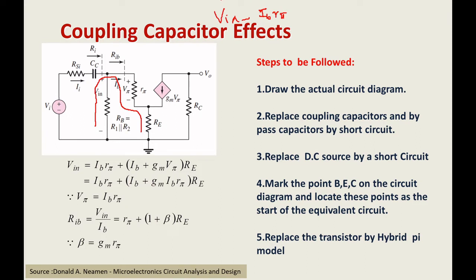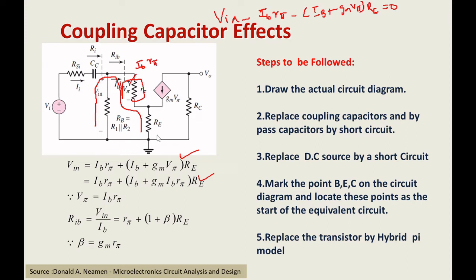So I am taking the leaving sign for applying KVL. Here you know that IE is nothing but the sum of IB plus IC, that is IB plus gm V pi. With that it was written, into your resistance by Ohm's law, equal to 0. If you take the negative terms to the right side, you will get this equation. Right. Another thing, V pi is nothing but IB into R pi.